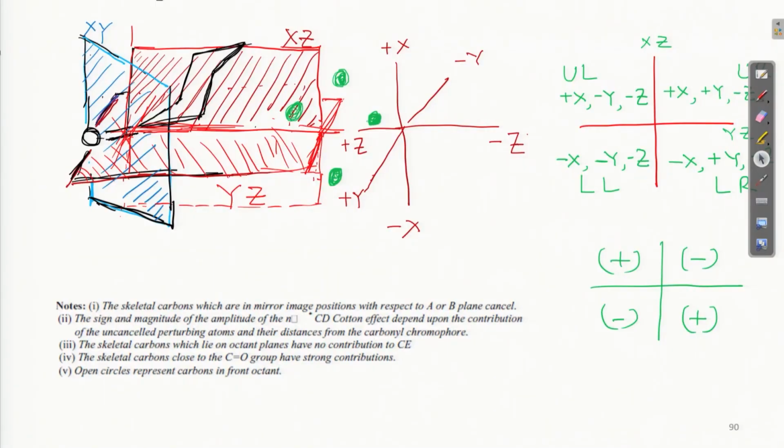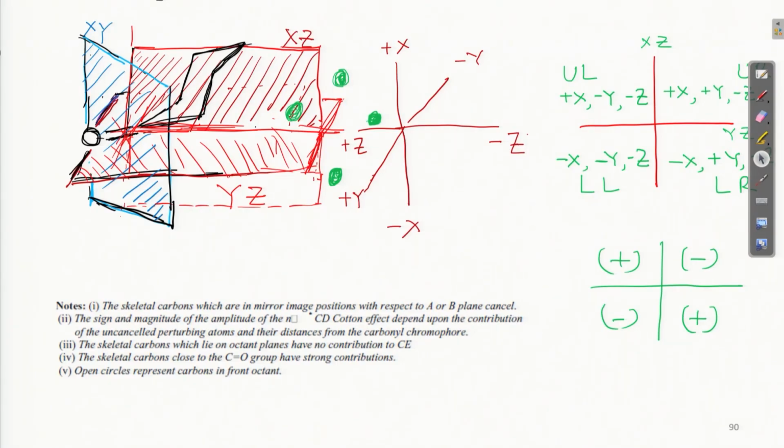Now, you remember the octant rule is applicable to predict the sign of the Cotton effect. The Cotton effect is basically the anomalous behavior shown when the wavelength of light is decreased and you measure either the refractive index, that is the circular birefringence, or the ellipticity, because when there is differential absorption the light becomes elliptically polarized.